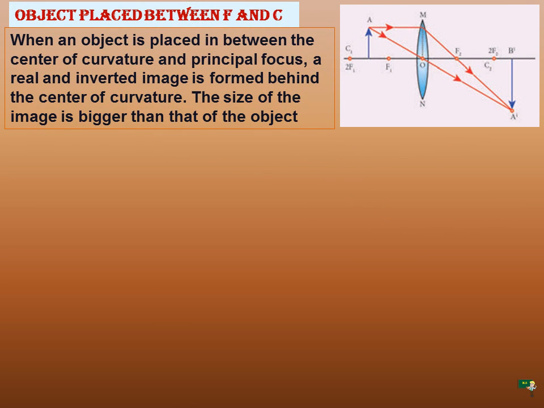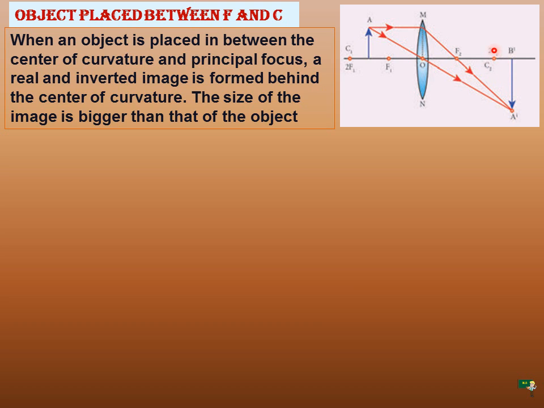The fourth one, object placed between F and C, the principal focus and the center of curvature. When an object is placed in between the center of curvature and the principal focus, a real and inverted image is formed behind the center of curvature.